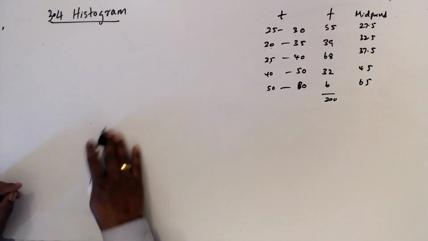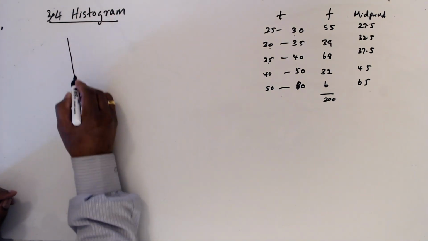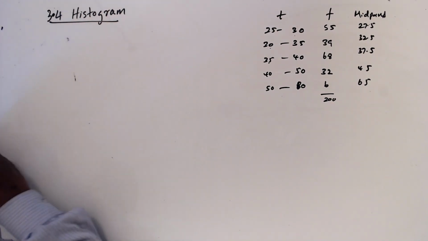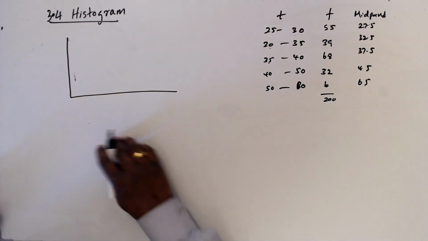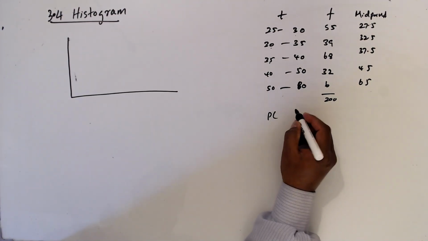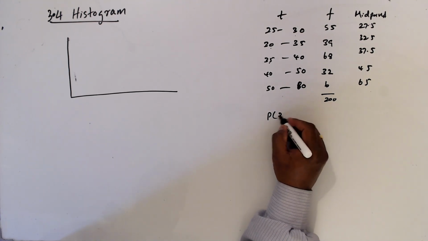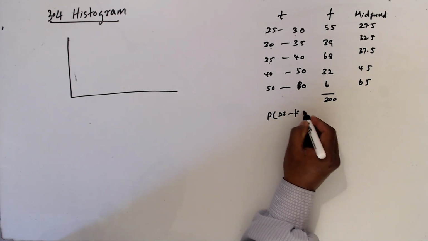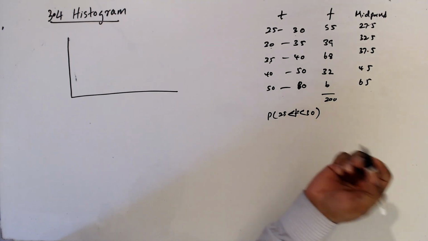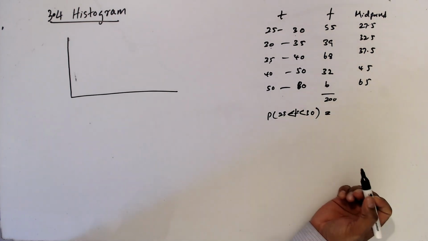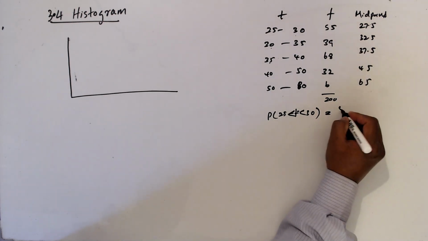So if I draw a graph, let me draw it. Now before I draw this graph, let me ask a question first. What is the probability of t being between 25 and 30? How can we find the probability? There is a frequency of 55.